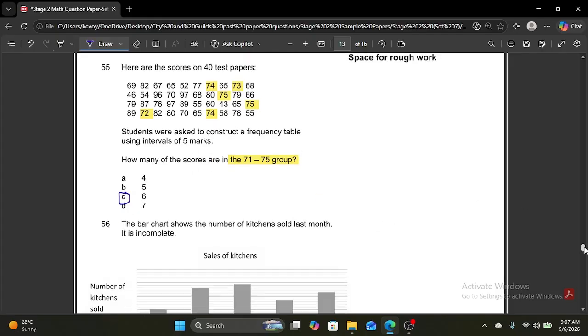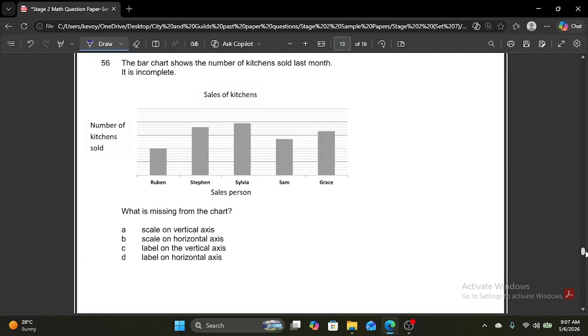We're going below now. We're at 56. So the bar chart shows the number of kitchens sold last month. It is incomplete. What is missing from the chart? So looking at this chart right here, there's no numbers.